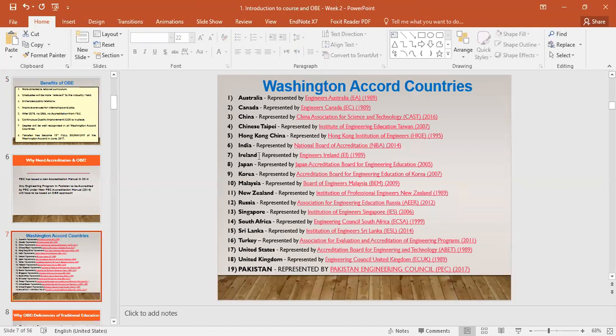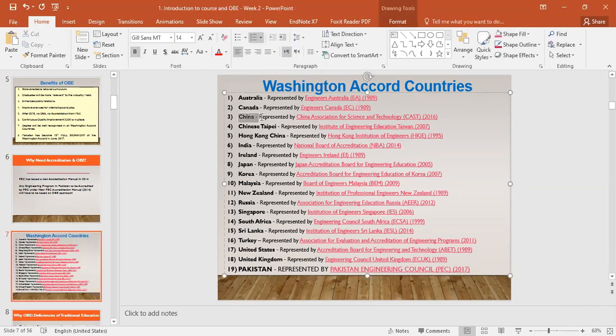It means that if you graduate under the OBE system, you are equal to the graduates of these countries, like China, Hong Kong, India, Ireland, Japan. So you are compatible with the graduates of these countries, as you are studying the same contents in the same system in which those students are studying. Okay.